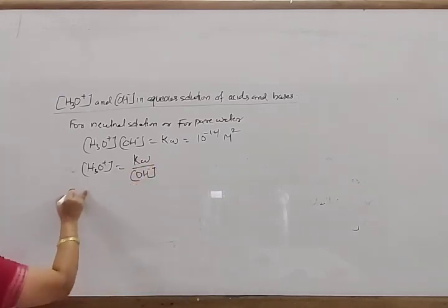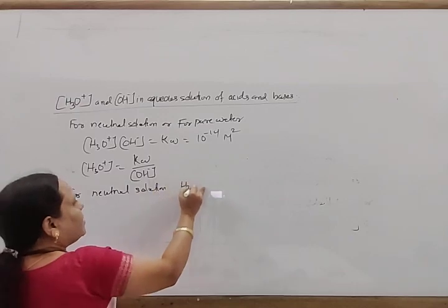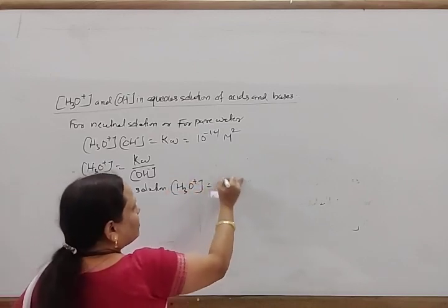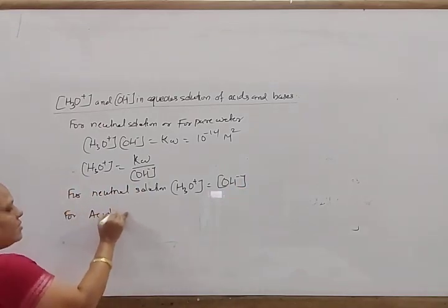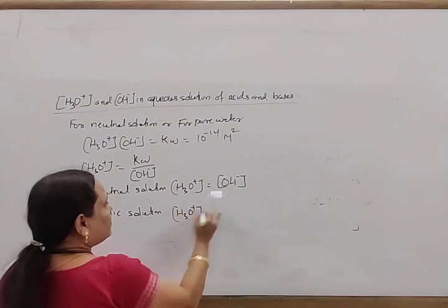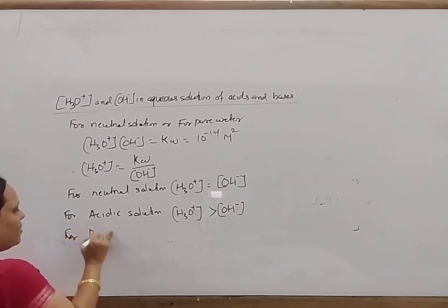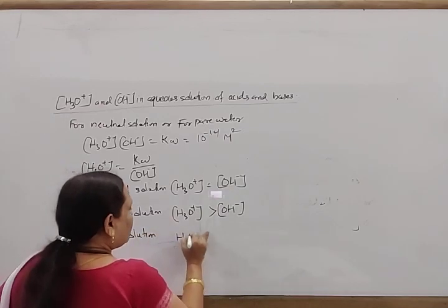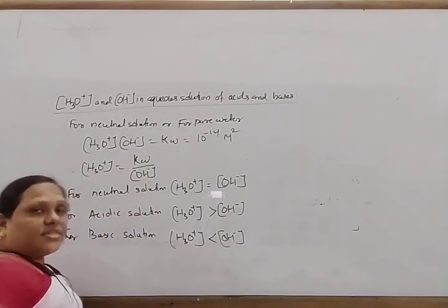So in this way, for a neutral solution, the hydronium ion concentration is equal to the OH- concentration. For an acidic solution, the H3O+ concentration is greater than the OH- concentration, and for a basic solution, the H3O+ concentration is less than the OH- concentration. Okay, these are the points.